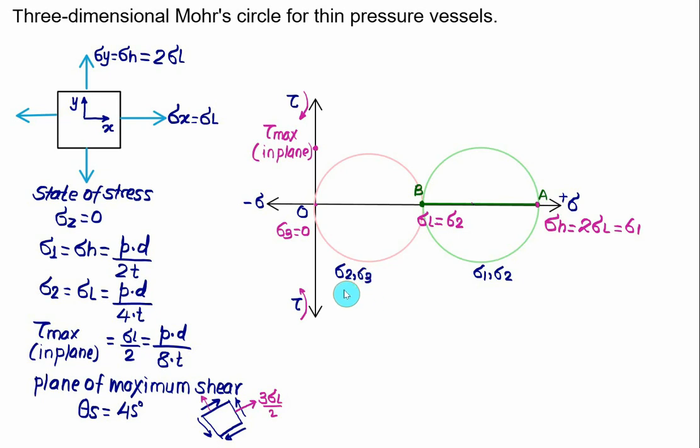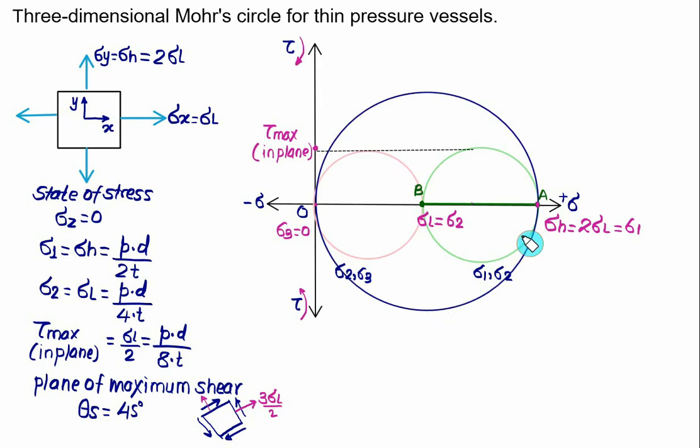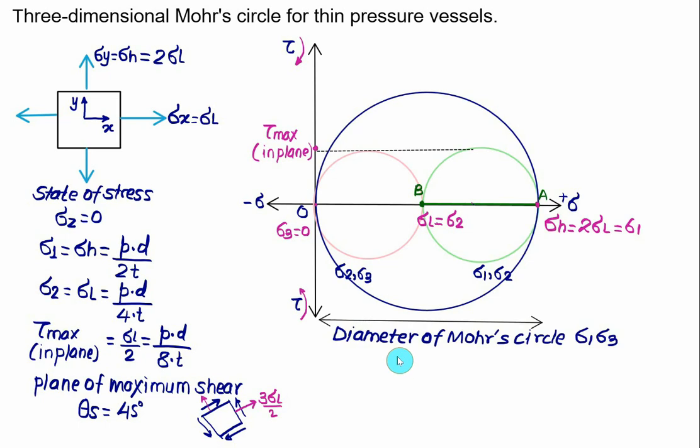And one larger Mohr circle you have to draw from A to O, between sigma 1 and sigma 3. So this Mohr circle represents sigma 1 and sigma 3, and it has a diameter equal to sigma h, which is 2 times sigma L. So this diameter D will be equal to 2 times the longitudinal stress sigma L. Therefore the radius is equal to sigma L. Corresponding to this larger Mohr circle, we have tau max, which is called the absolute value.